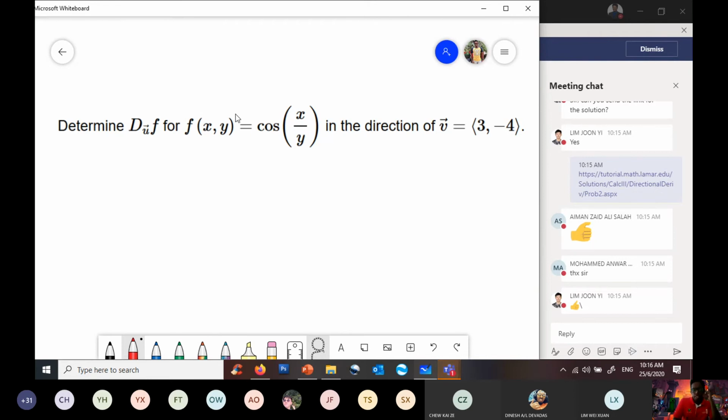Clearly the vector v is not a unit vector here. The numbers are quite big, so you have to find the unit vector yourself.